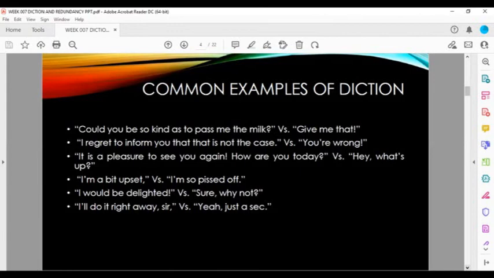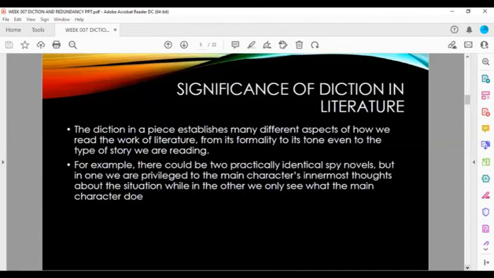Versus hey, what's up? I'm a bit upset. I'm so pissed off. So here are some of the common examples of diction wherein the delivery of a sentence conveys the emotion derived from it. And we can create an image of what kind of person is speaking in the entire content.